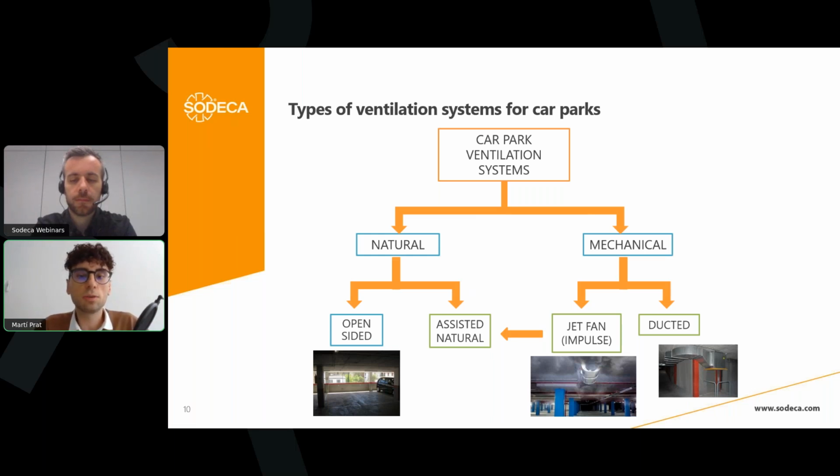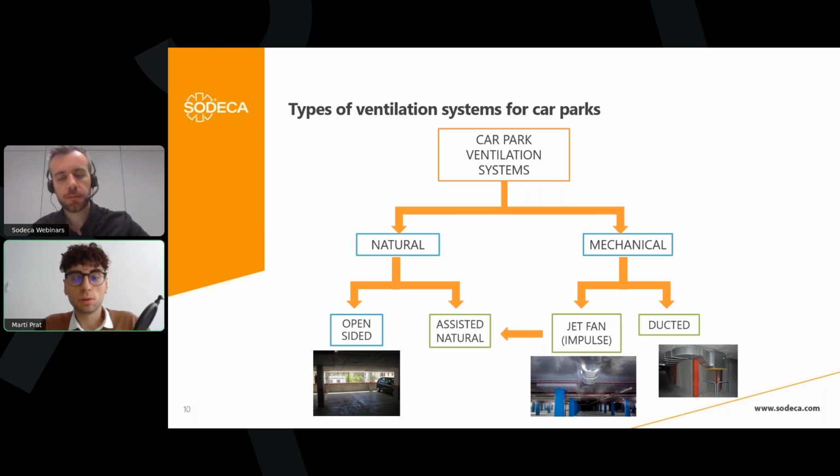Another type of ventilation would be mechanical. We can install a duct network having an extraction and a supply. So we supply fresh air inside the car park, and with the extraction grills and the extraction ducting network, we extract this air.